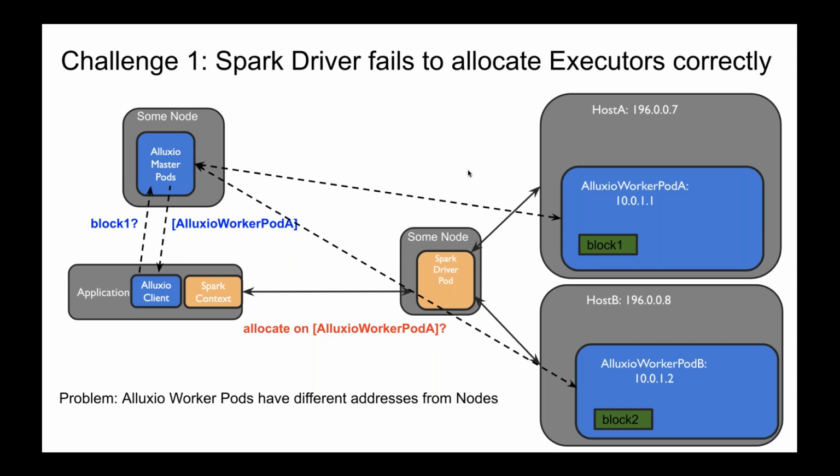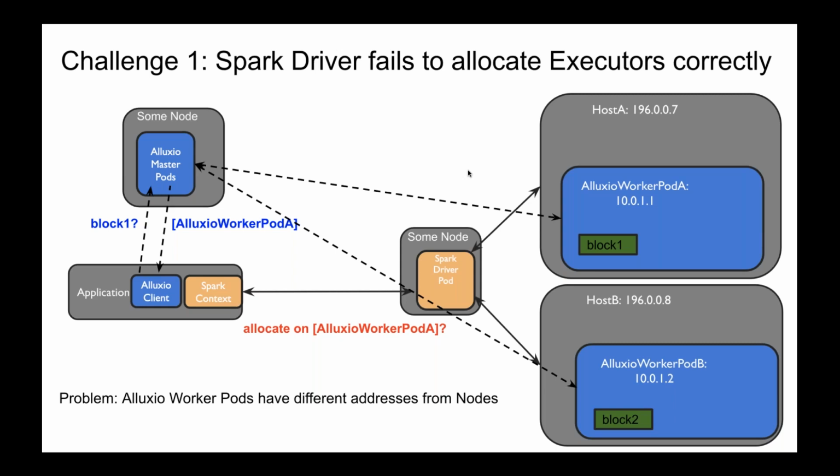In Kubernetes, a pod will have a different host name and an allocated virtual IP by Kubernetes. So you can see here, the host name of the physical host is host A, the IP is 196 something, and the Alluxio worker pod has a host name of, for example, Alluxio worker pod A. And this IP 10.0.1.1 is a virtual IP allocated by Kubernetes. Alluxio doesn't recognize that.